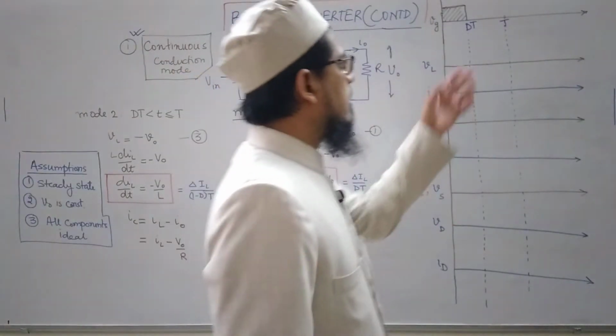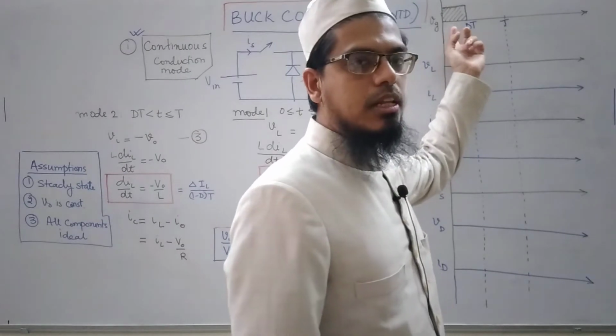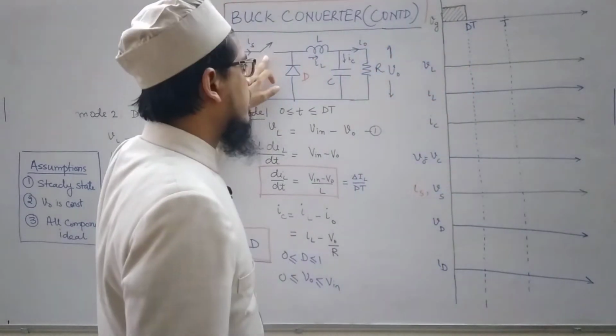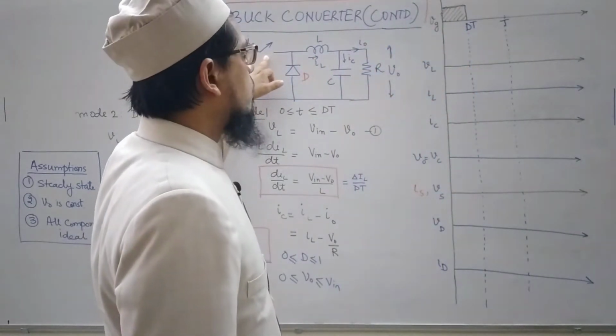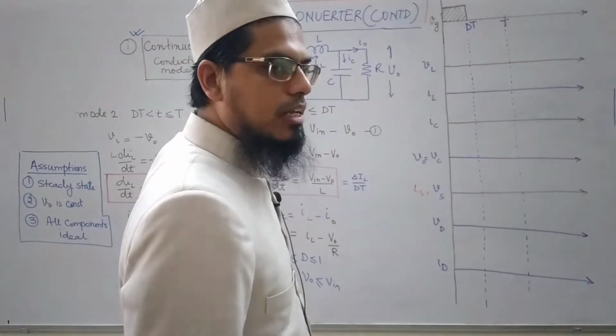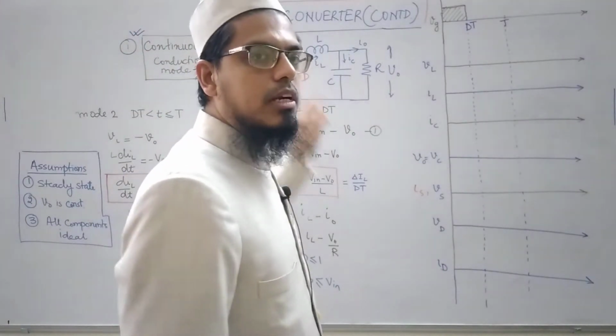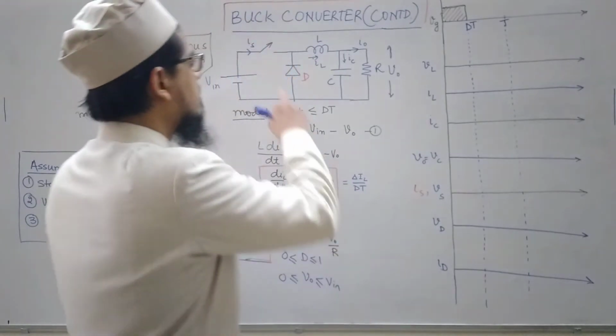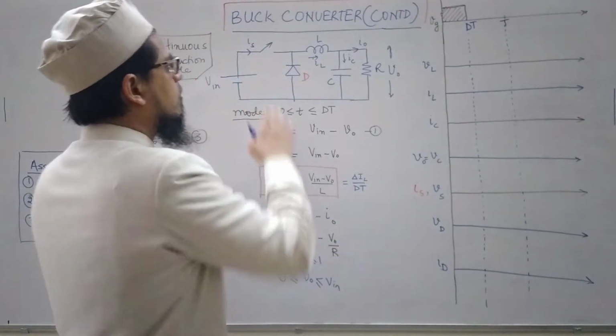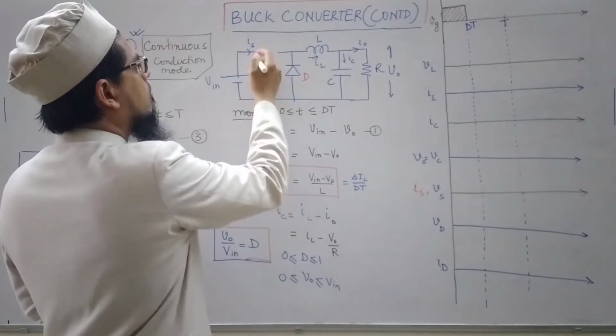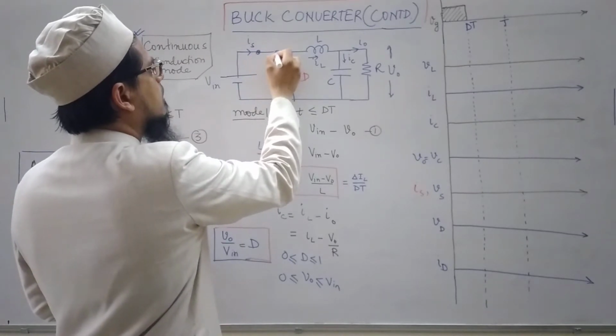So let us start by giving a voltage signal to this buck converter. As soon as we provide the voltage signal, this MOSFET will start conducting. So if it starts conducting, I will have this type of circuit.